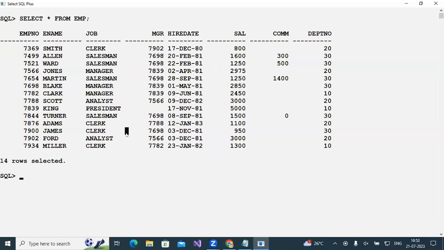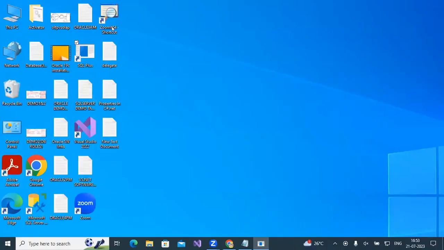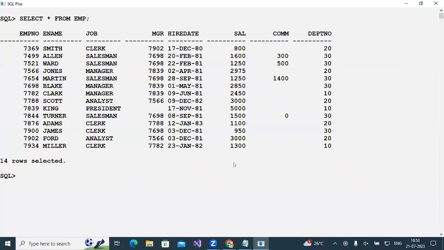I will show you my table also. Check it out, whether it is possible. Second highest salary person details I want to get.